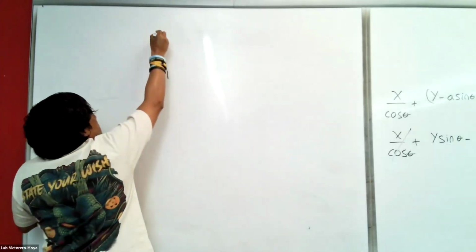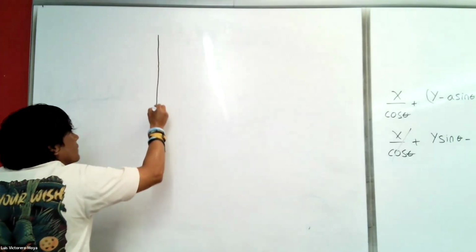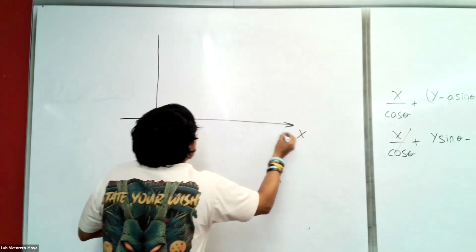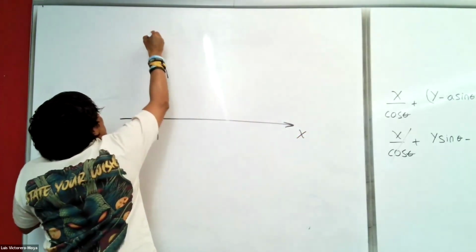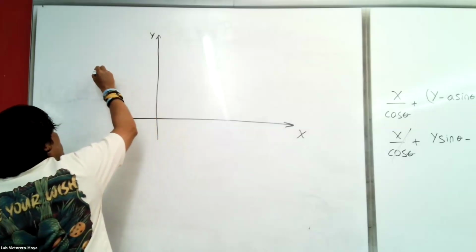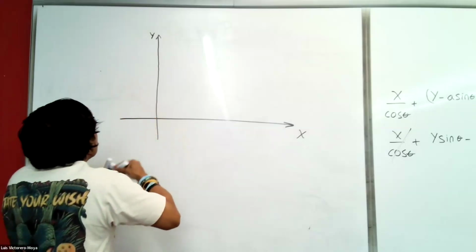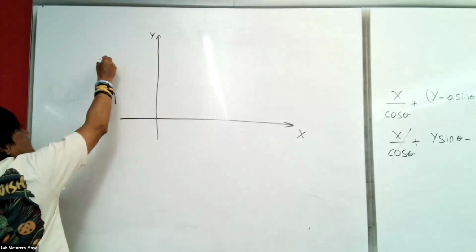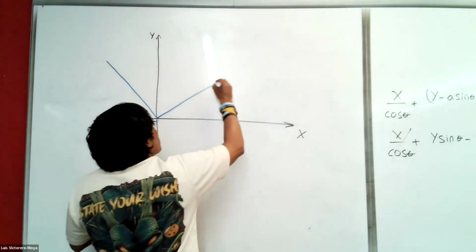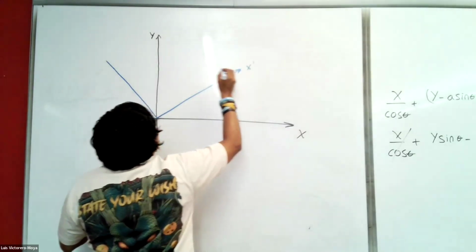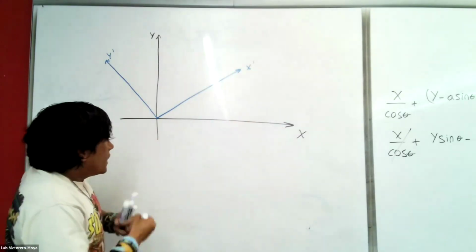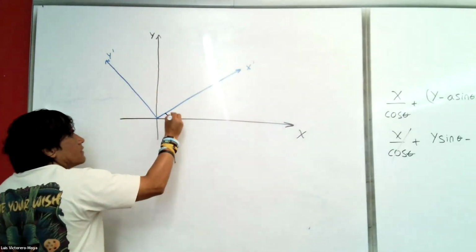So pretty much you have the original axes, and then you have the rotated axes. So this is your x prime, y prime, and it has been rotated by an angle theta.